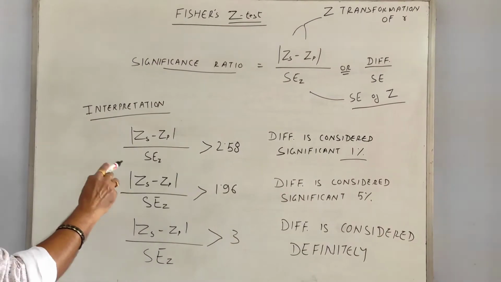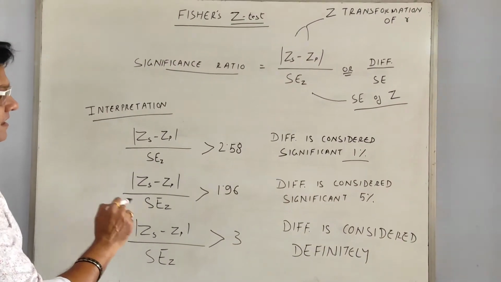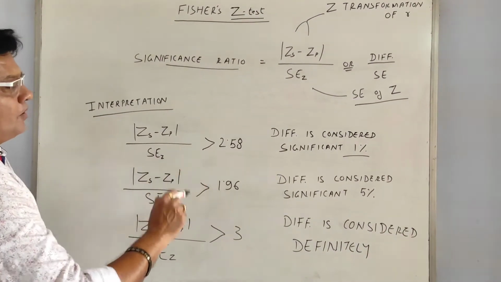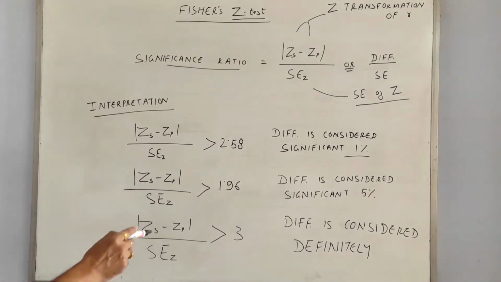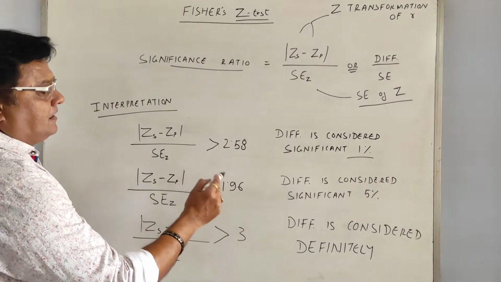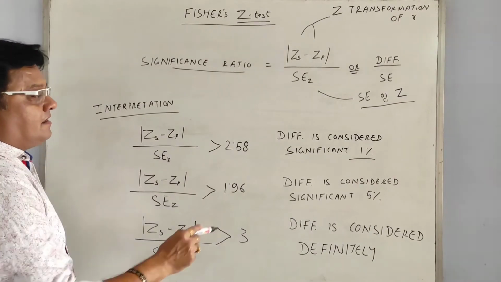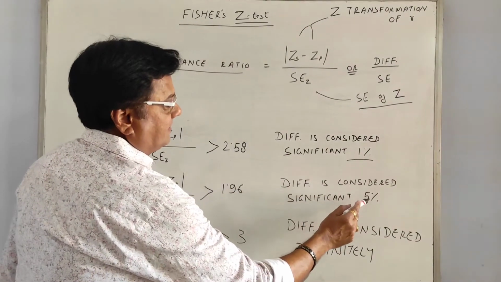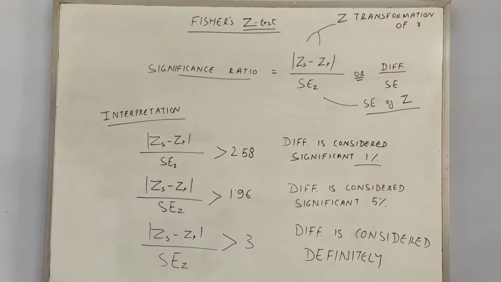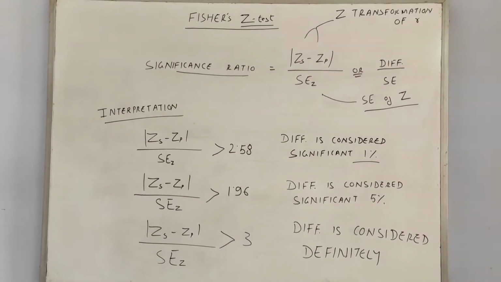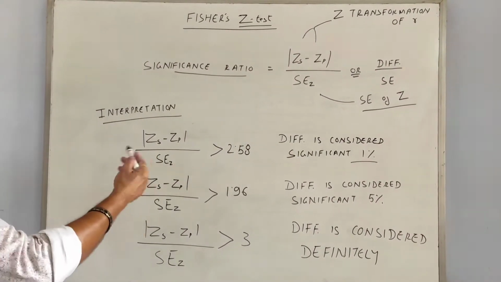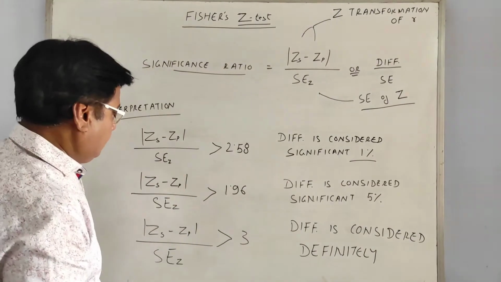If the absolute value of Zs minus Zt by the standard error of Z is greater than 1.96, that is, it is less than 2.58 but greater than 1.96, then the difference is considered significant at the 5% level. That means there is only a 5% probability that our conclusion is wrong.